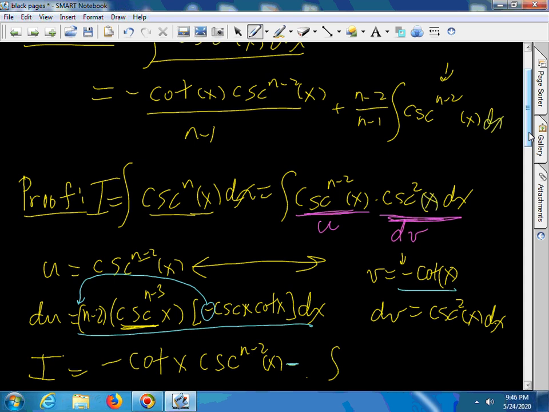Okay, now I'm going to write down the n minus 2. I'm going to write down the cosecant^(n minus 3) of x times, multiplying by another cosecant, I can add 1 to that power. That is, when you add the powers, n minus 3 plus 1 is just n minus 2, times cotangent of x times dx times v.